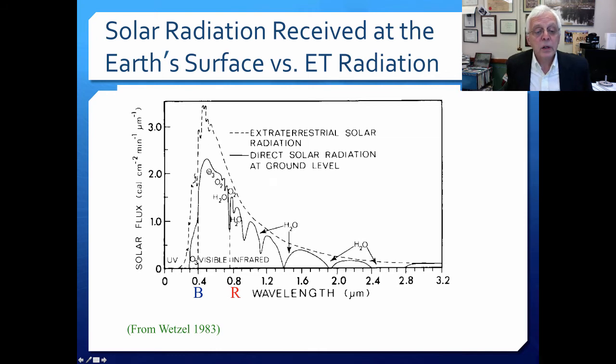This is because things like ozone will absorb radiation, also oxygen, and water vapor is very good at absorbing radiation at a variety of frequencies. Out here to the right, of course, is the infrared, or the heat spectrum. Down here is the ultraviolet, and you see ozone. Ozone is very good at absorbing the ultraviolet, which is why we're trying to preserve the ozone layer to protect us against harmful ultraviolet rays.